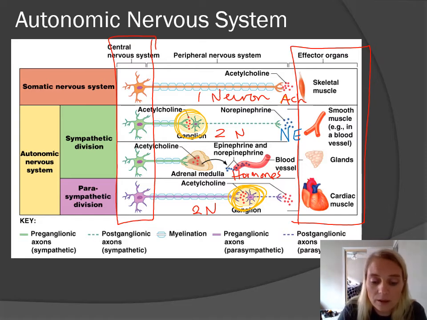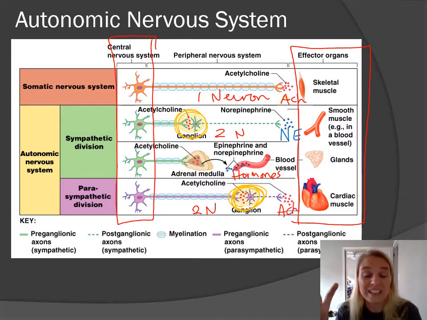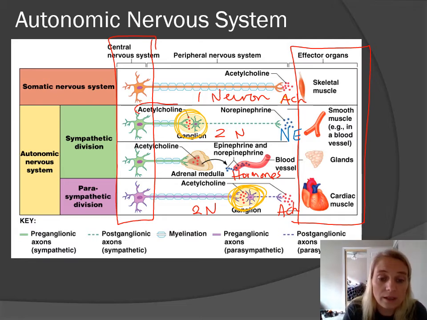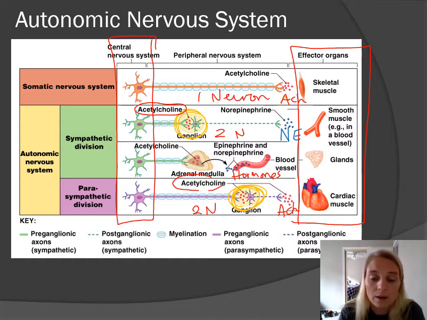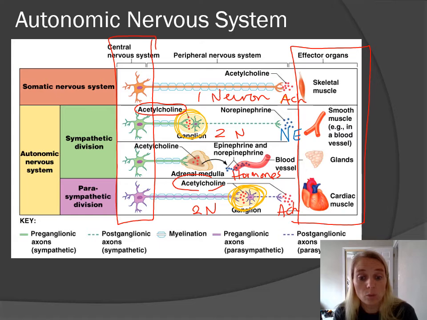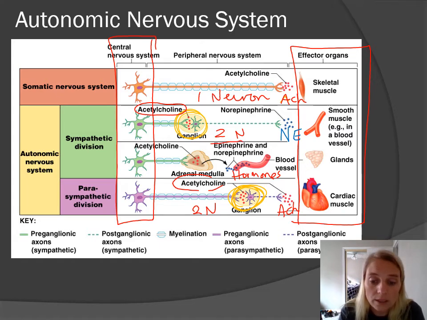And then down here, in our parasympathetic division, we're back to acetylcholine. So even within the autonomic nervous system, we see some differences. We do see acetylcholine in that synapse between pre and post, so that's similar to our somatic division. But in this weird one, in this middle box, we also see epinephrine being released into the bloodstream.